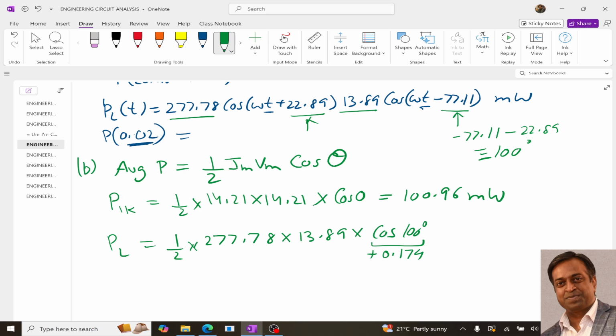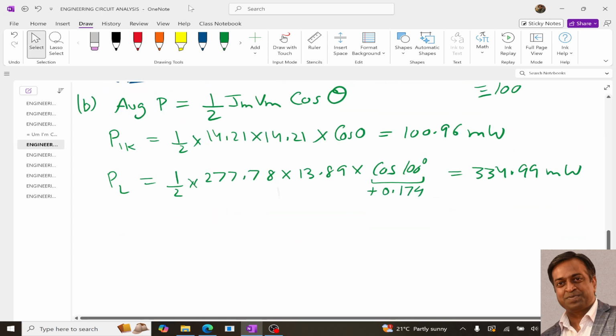And now solving this, multiplying 277.78 times 13.89 divided by 2, we will get 334.99 milliwatt, right?